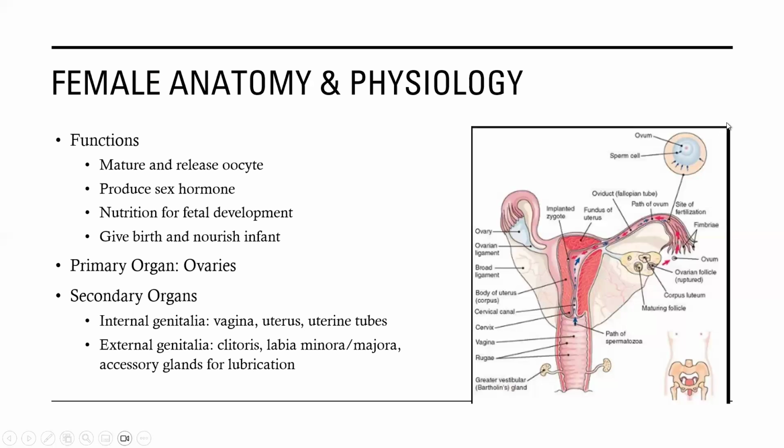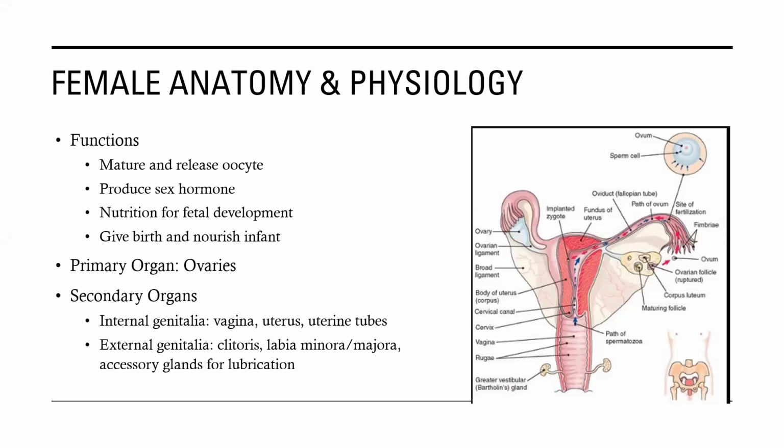So female anatomy and physiology, again, the functions of the female reproductive system are to mature and release the oocyte, produce sex hormones, primarily progesterone and estrogen, also provide nutrition for fetal development, and then give birth and nourish the infant. The primary organs are the ovaries, similar to the testes in the male.